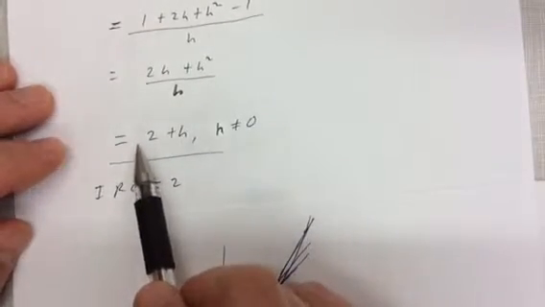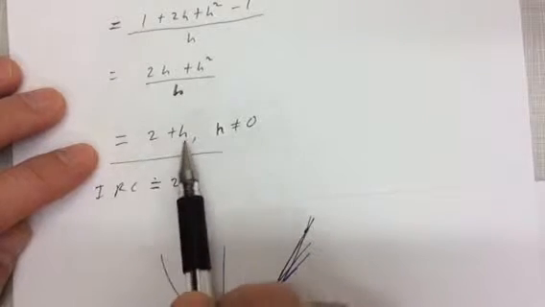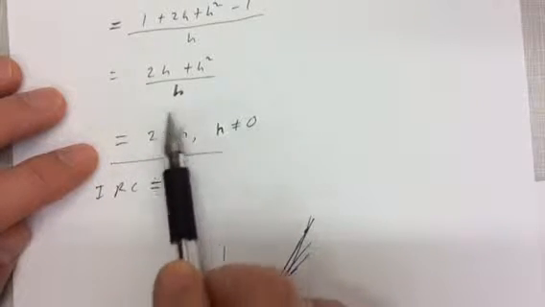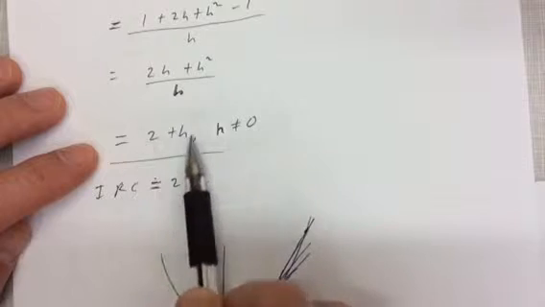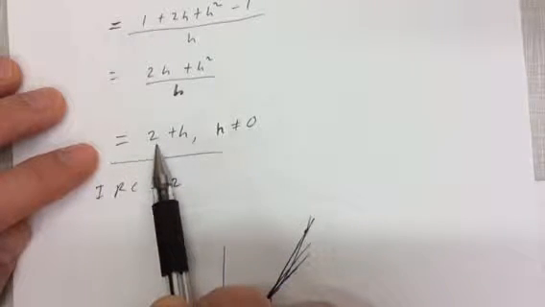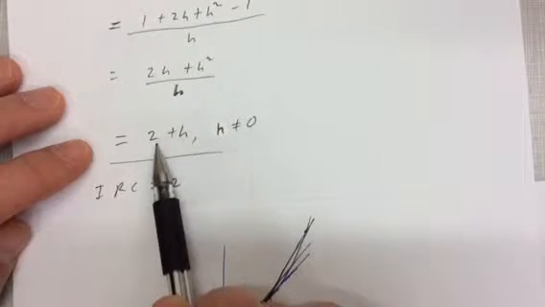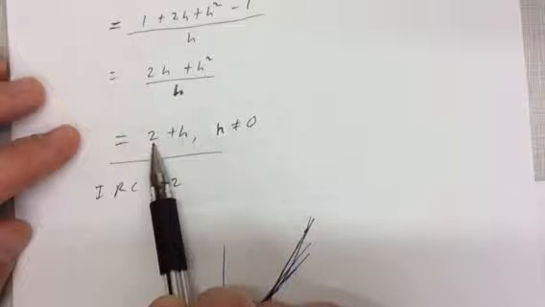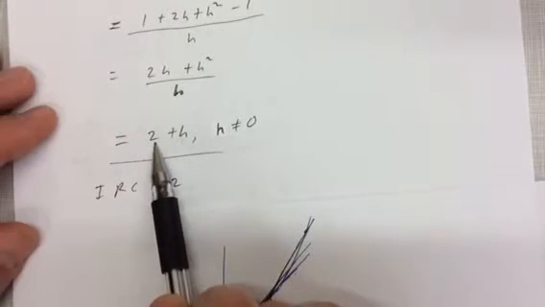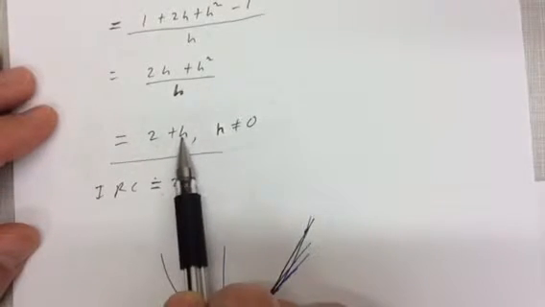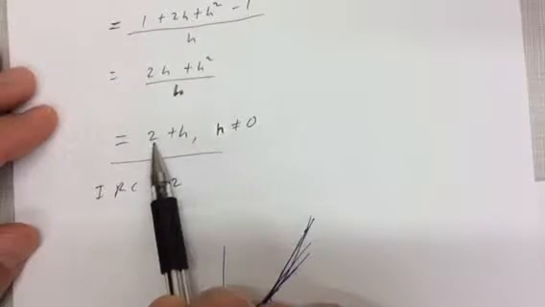So if we look at this, we could say that as h approaches 0 in this expression, this has a limit. No matter what value, if it's positive or negative, as h approaches 0, it keeps getting closer and closer to 2. So you could say that the limit is 2. It won't go past it if h is approaching 0.